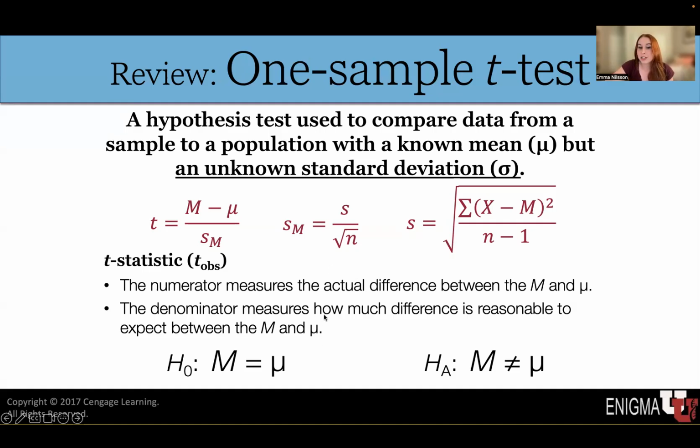If this ratio is reasonable, then our null hypothesis is true, our sample mean and our population mean are the same. And if the difference is too much to be reasonable, then we accept our alternative hypothesis, which is that the two means are different.